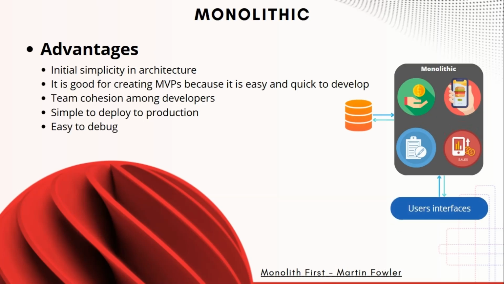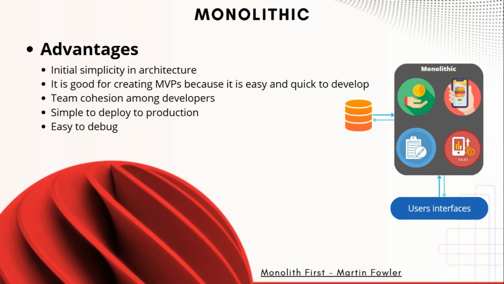The advantages of monoliths: initial simplicity in architecture, because all the features are integrated into a single location, like in this image. It is good for creating MVPs because it is easy and quick to develop. For the same reason, there is team cohesion among developers, because in the monolithic architecture we use only one language, which makes it easier to create a development team.